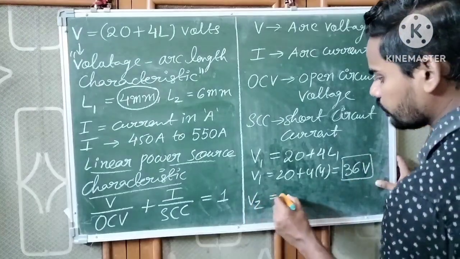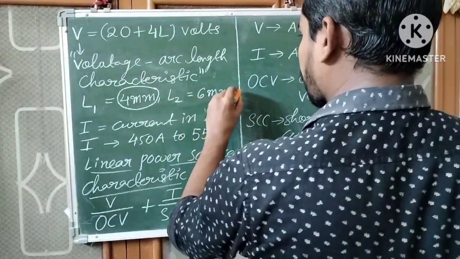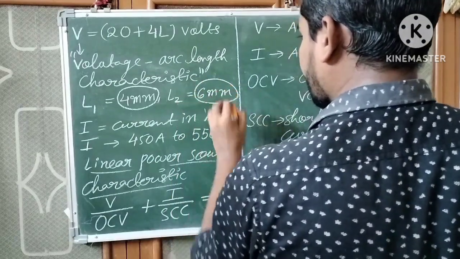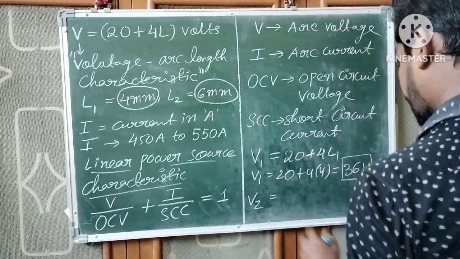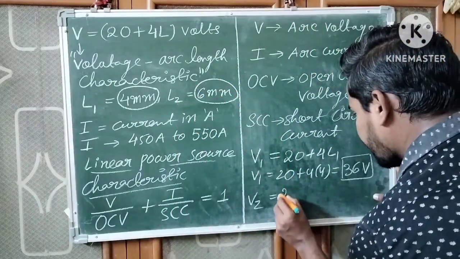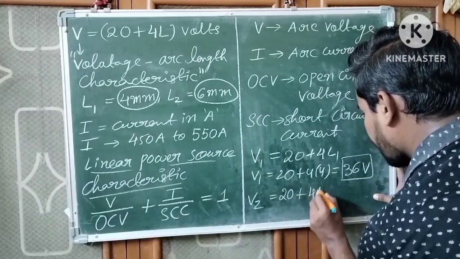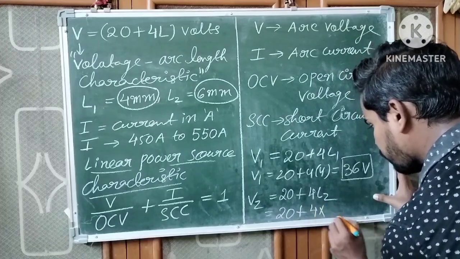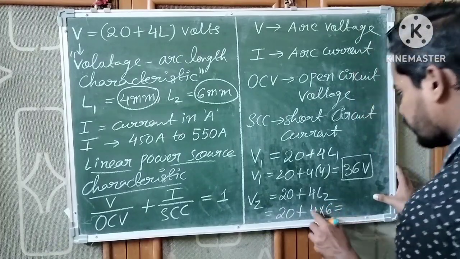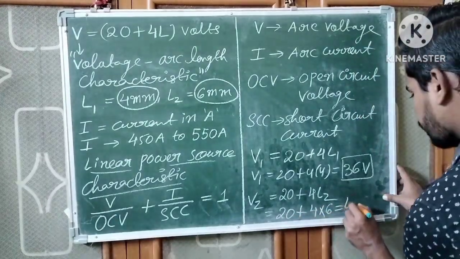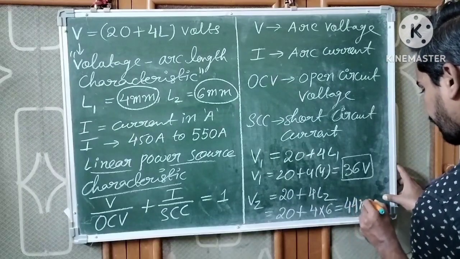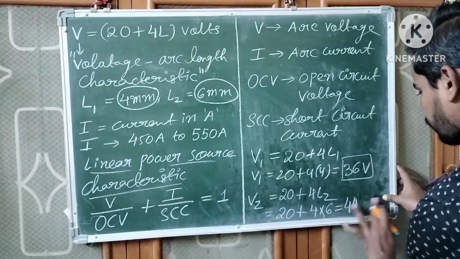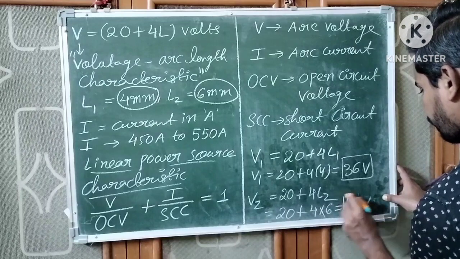And what about V2? Here V2 is the voltage required to maintain arc length 6 mm. So 20 plus 4 into L2, where L2 is 6. 4 6s are 24, 24 plus 20 is 44. Not mm, sorry, volts, 44 volts.